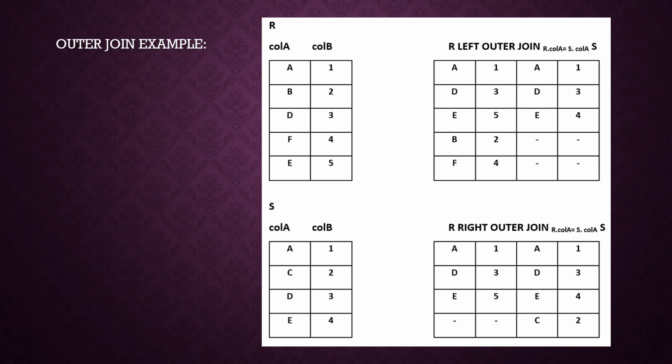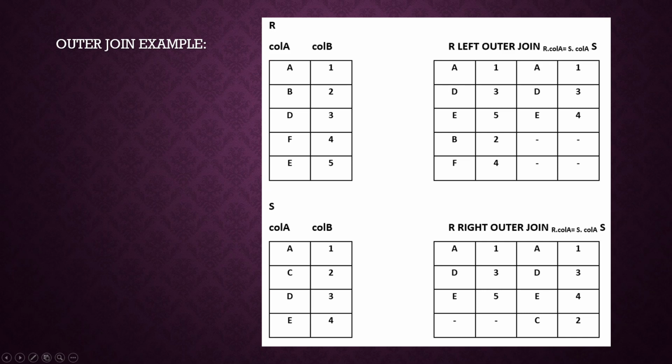Okay, these are about left outer join. Next, right outer join. In right outer join, we have to keep all the elements of the right side.